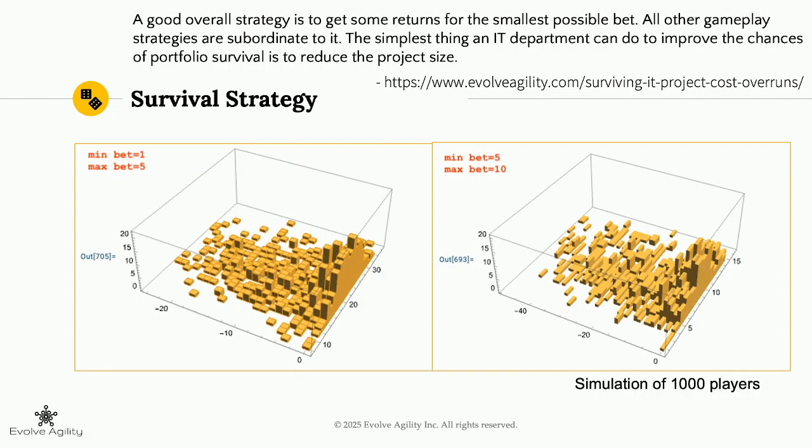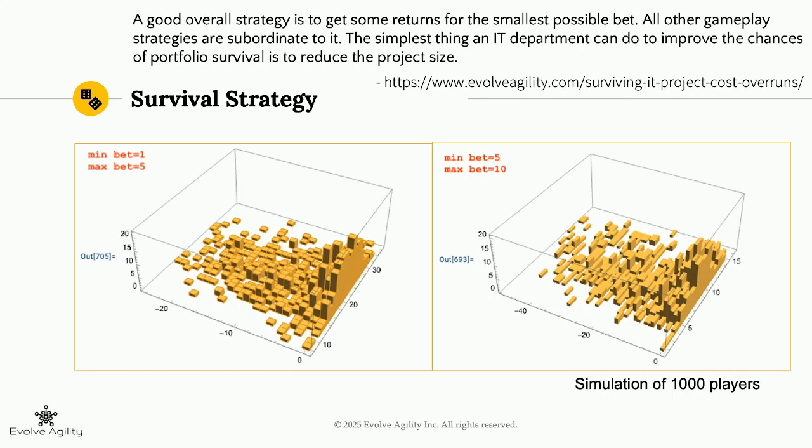Now, I tried to simulate this for an IT executive. Rather than trying to figure out all the different portfolio strategies, because there are tons of them in the universe, I said let's look at what happens when you make a project of size 1 through 5, and I roll a dice.